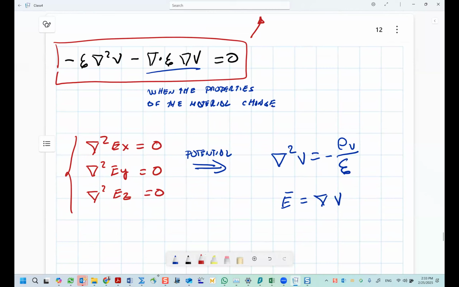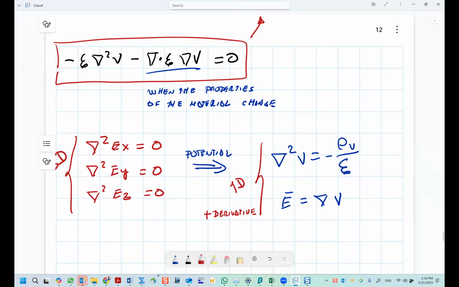So this is a 3D equation. This is a 1D equation plus a derivative. Derivatives, we have no problem taking. So it's a 1D equation plus the derivative, and the derivative can have 3 dimensions.